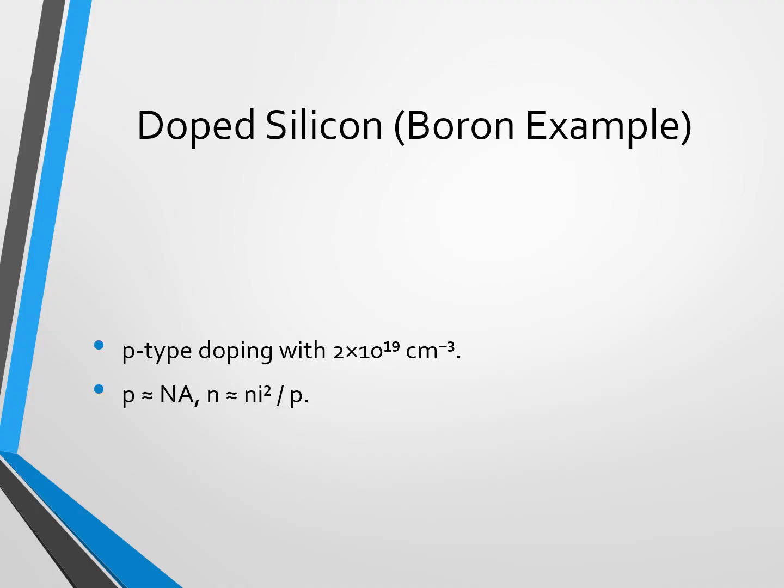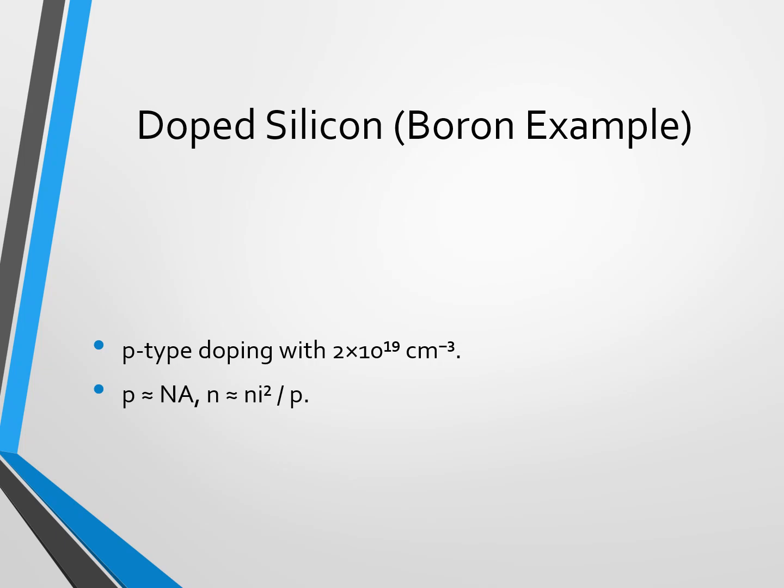Now let's consider doping. Adding 2 times 10 to the 19th boron atoms per cubic centimeter creates a very heavily doped p-type semiconductor. Boron has one fewer valence electron than silicon, so when it comes to form bonds, it leaves behind a hole. Because the doping level is so high, the hole concentration p is approximately equal to the doping concentration Na.